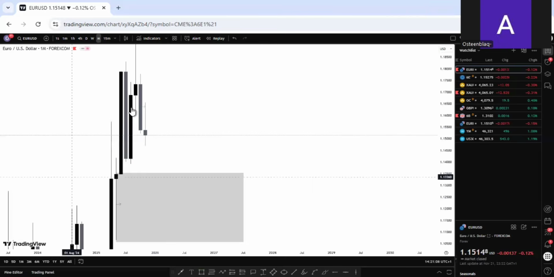Firstly, we have this momentum candle. One of the rules of zones is that in the absence of a type of zone, you can use a momentum candle. When you have a momentum candle like this, either go below to look for a zone on a lower time frame, or you look at the side of it, in the absence of a zone.